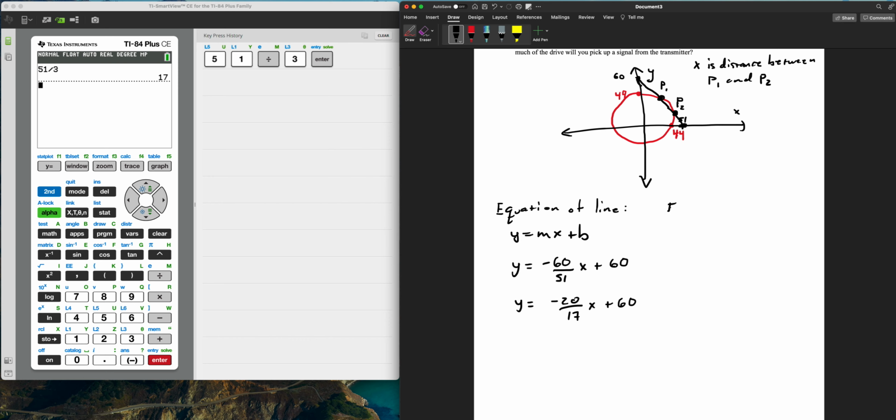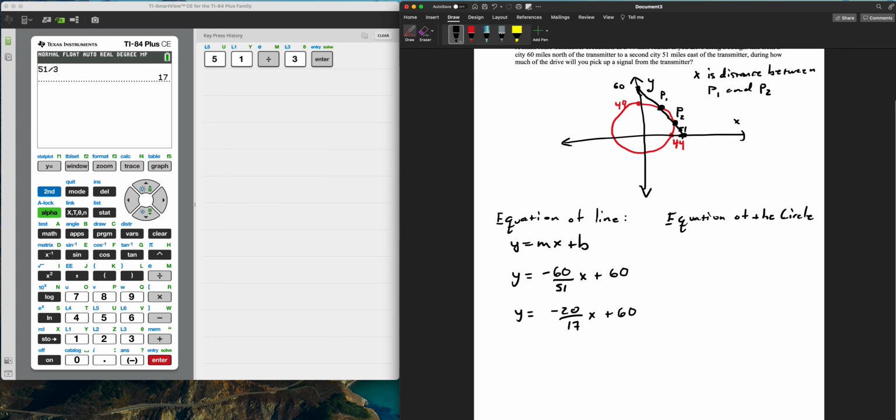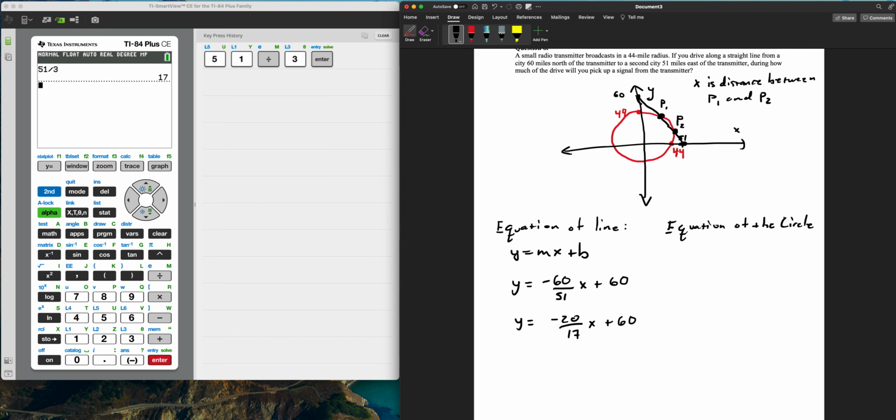And we know the equation of the circle. It's a circle centered at 0, 0 with a radius of 44. So we have x squared plus y squared equals 44 squared.